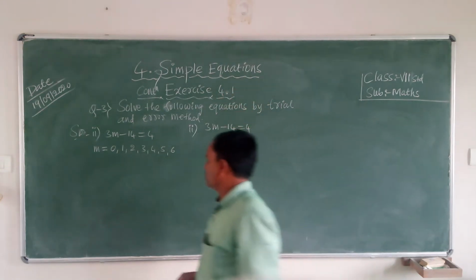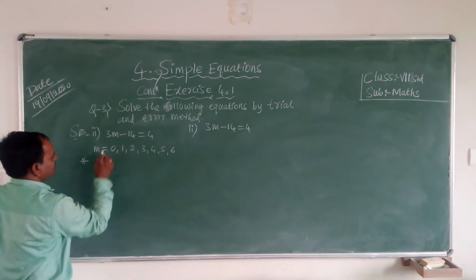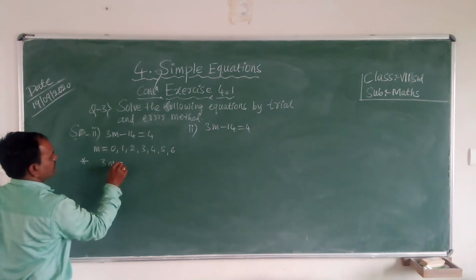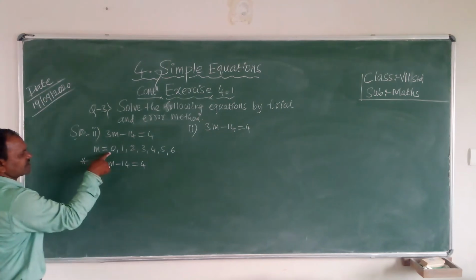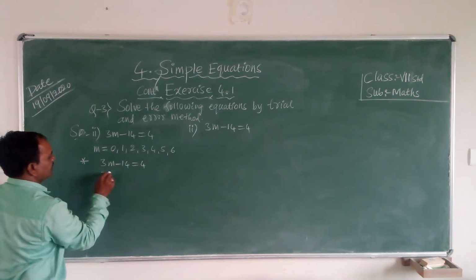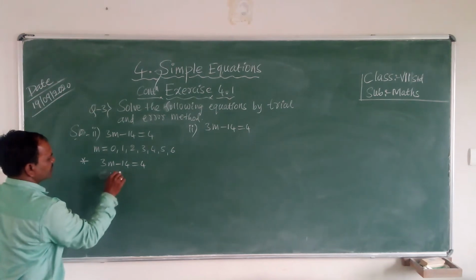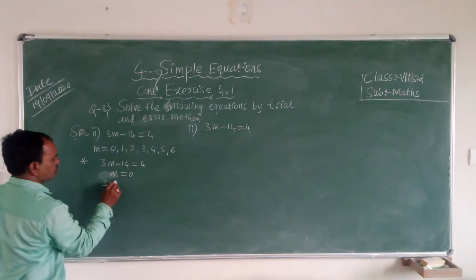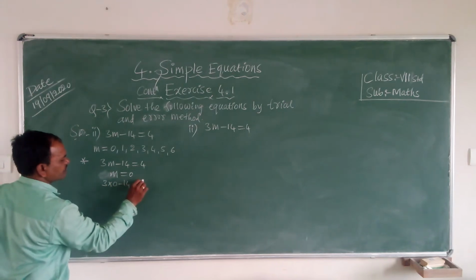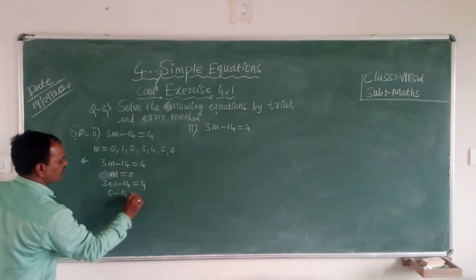So now first trial: 3m minus 14 is equal to 4. So first m is equal to 0, 3 into m value 0, minus 14 is equal to 4. 3 zeros are 0, minus 14 is equal to 4.